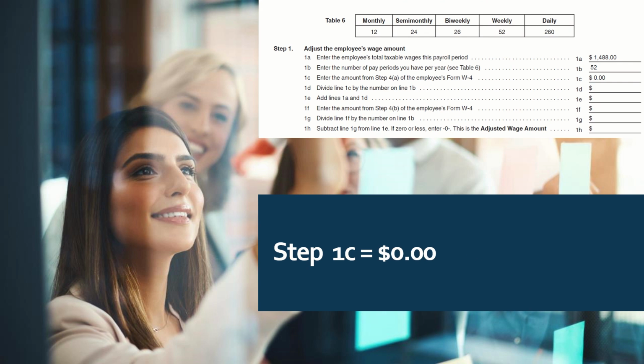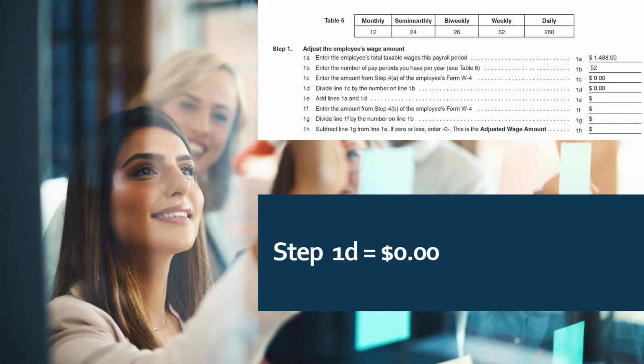In 1C, it asks us to enter the amount from step 4A. There was 0, so we'll list 0 here. We're going to divide line 1C by the number on line 1B, which gives us 0. If we add lines 1A and 1D, we come up with $1,488.